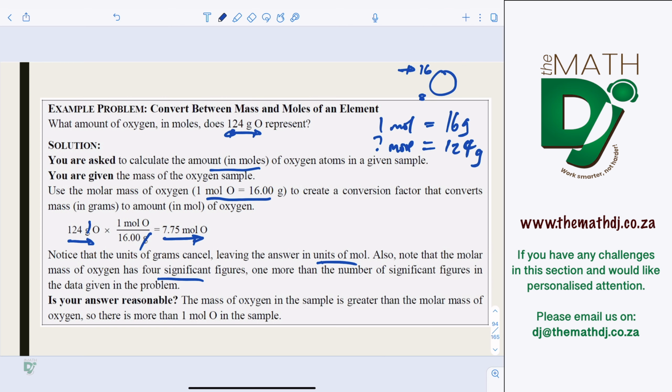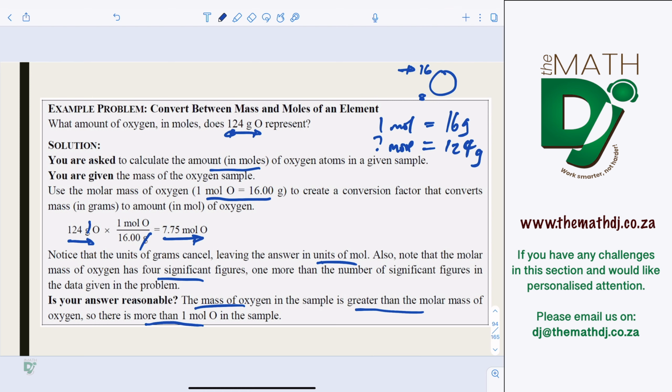Is your answer reasonable? The mass of oxygen in the sample is greater than the molar mass of oxygen, so there is more than 1 mole. So this is just another way to check: if 1 mole is 16 grams, then 124 grams you must get more.